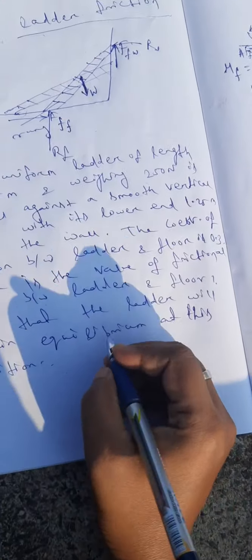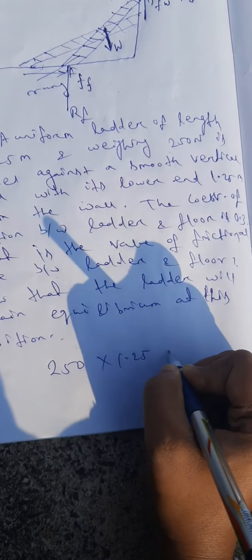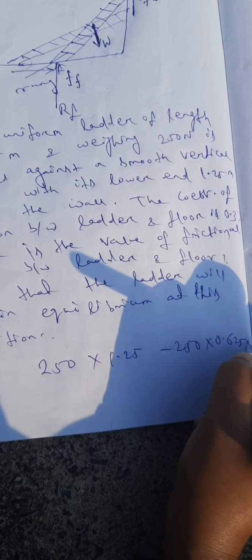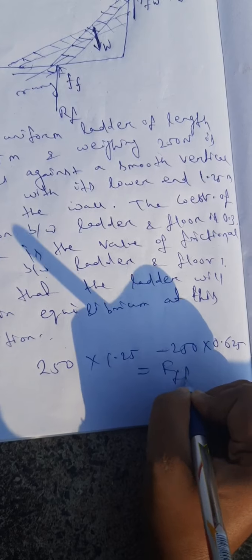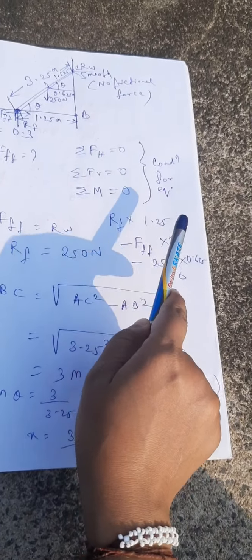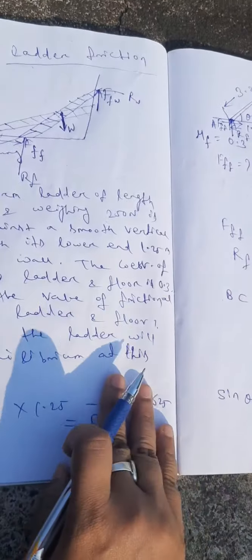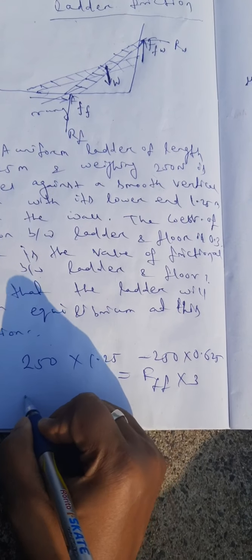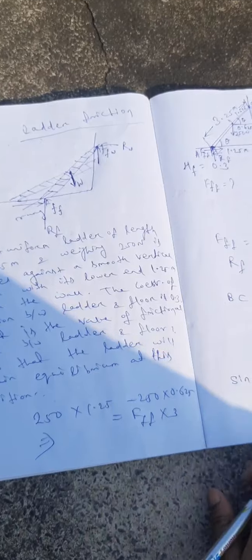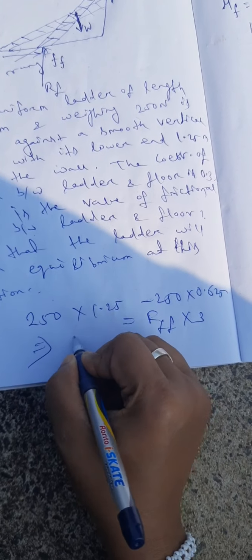So I'll write it here. 250 into 1.25 minus 250 into 0.625 equals the frictional force at the floor into 3. We'll take these two to one side and this frictional force to the other side. So that implies 250 into 1.25 minus 250 into 0.625 equals frictional force by 3.